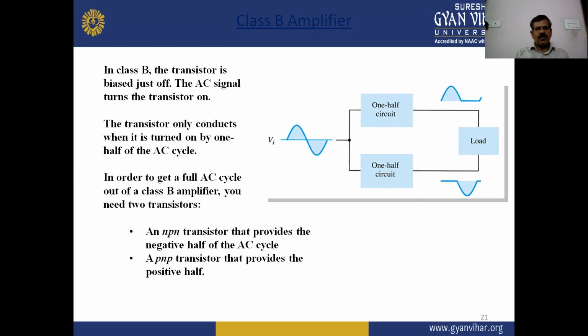In order to get a full AC cycle out of a class B amplifier, you need two transistors. First, an NPN transistor that provides the negative half of the AC cycle, and second, a PNP transistor that provides the positive half cycle.